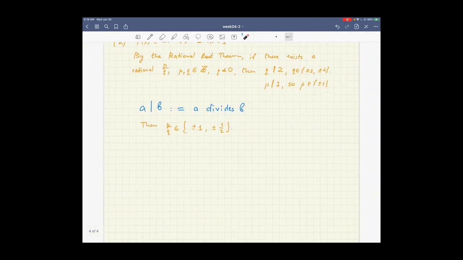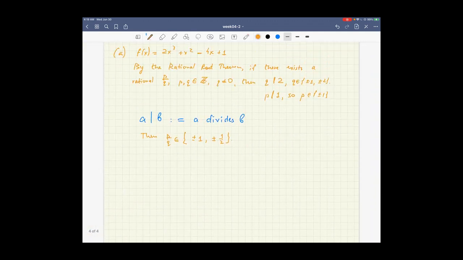But in our situation, we quickly find that 1 is a root, because if we compute f at 1, we see that f at 1 is 0, and therefore x equals 1 is a root.